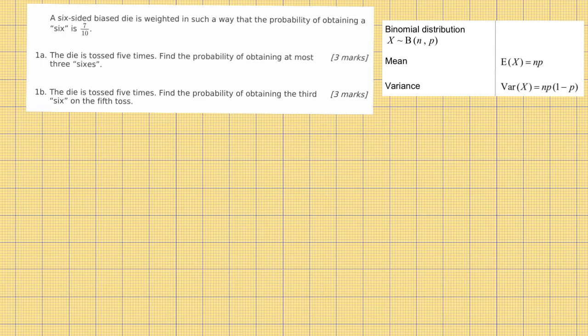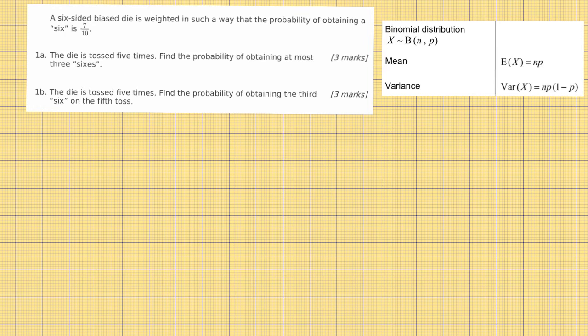A six-sided biased die is weighted in such a way that the probability of obtaining a 6 is 7/10. Part A. The die is tossed 5 times. Find the probability of obtaining at most 3 sixes.